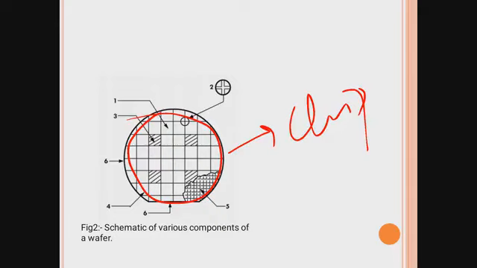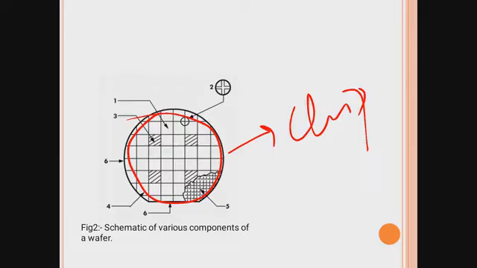Now here one point to notice is that the area between the dies or chips is called the scribe line.